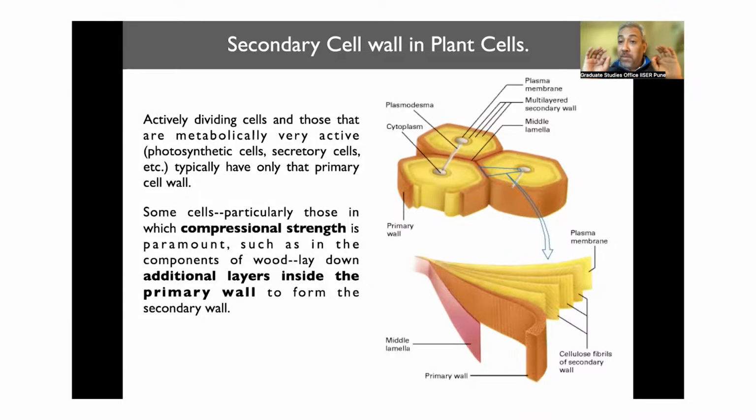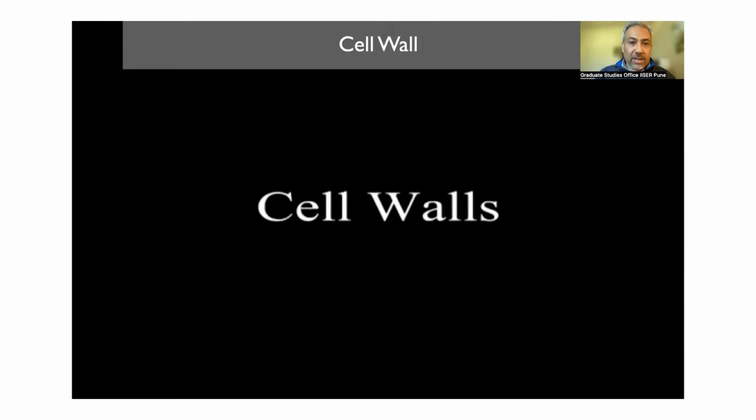So the primary concept might be the same, but the way this architecture is put together and used has clearly changed over time, right? One happens for a very early cell, and the other happens for a more complex evolved cell, if you want to call it that. So we'll look at this last video about the cell walls and stop today here.